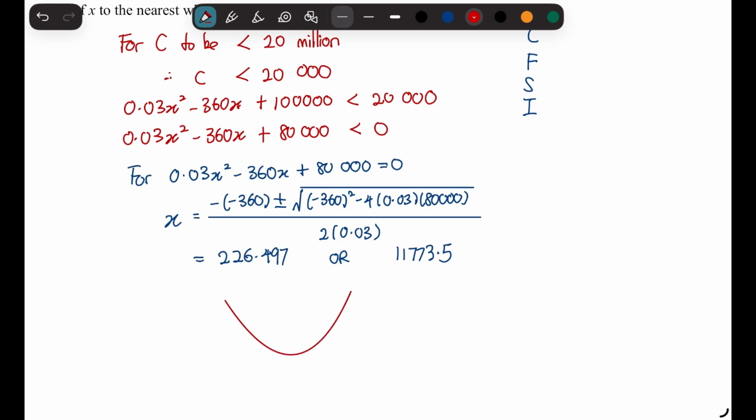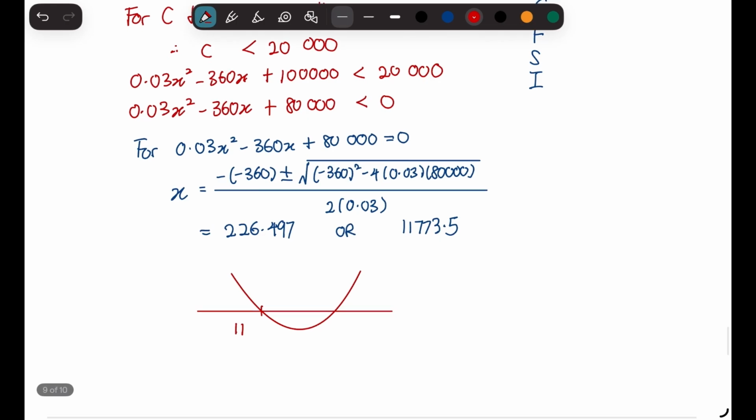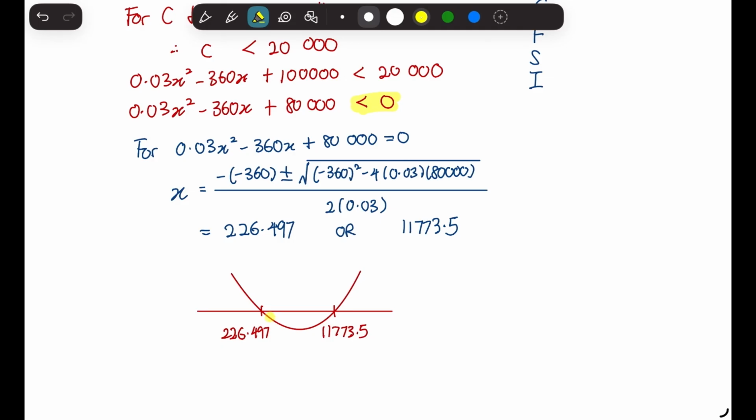since the coefficient of x squared is positive, the intercepts are 226.497, and the other number is 11773.5. I follow this inequality again. Less than 0 means below the x-axis.